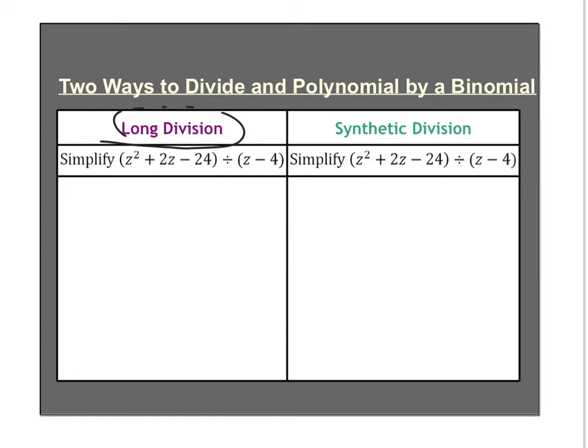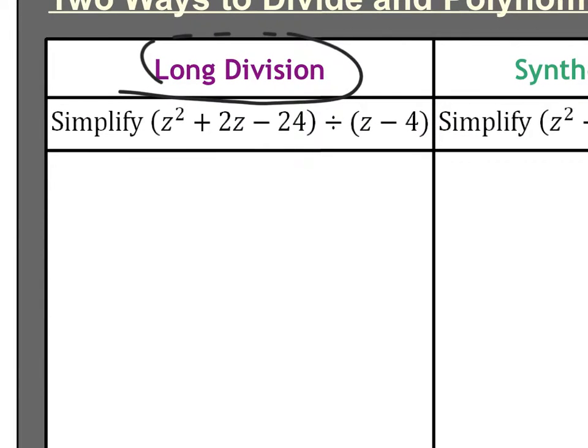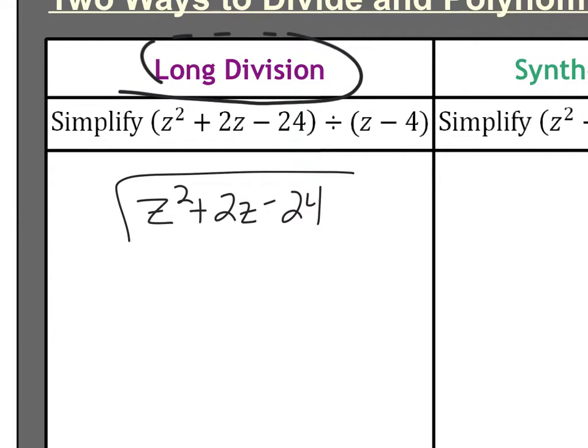Two ways, we saw this before. So long division, I'm going to take everything as it is. Z times z gives you z squared. So I'm going to do that and that.